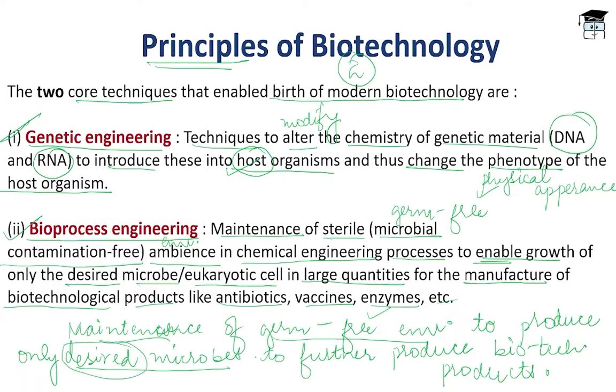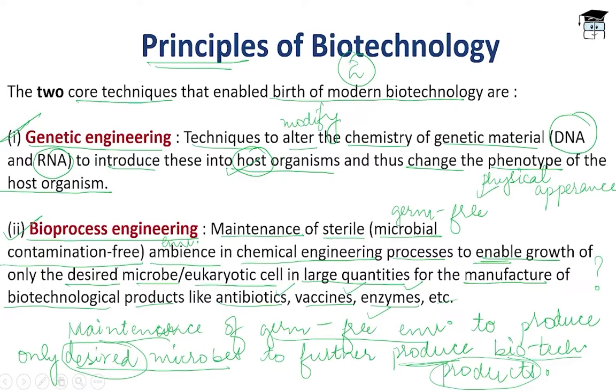Okay, why are these microbes grown? They are grown to further produce biotechnological products. For example, antibiotics, vaccines, and enzymes. Remember that these antibiotics, vaccines, and enzymes are produced from these microbes or eukaryotic cells. That is why we are allowing them to grow in this environment. Clear?